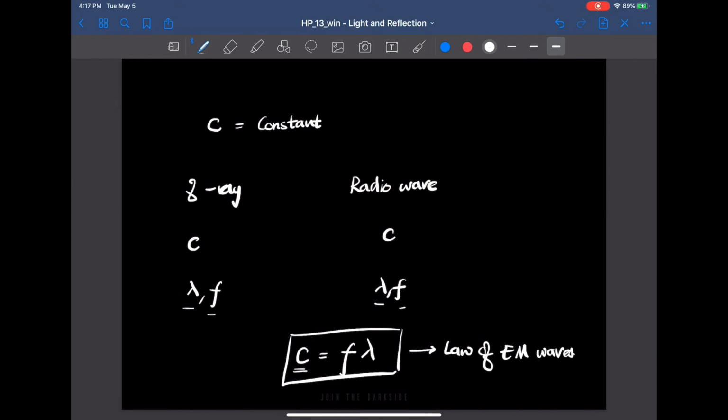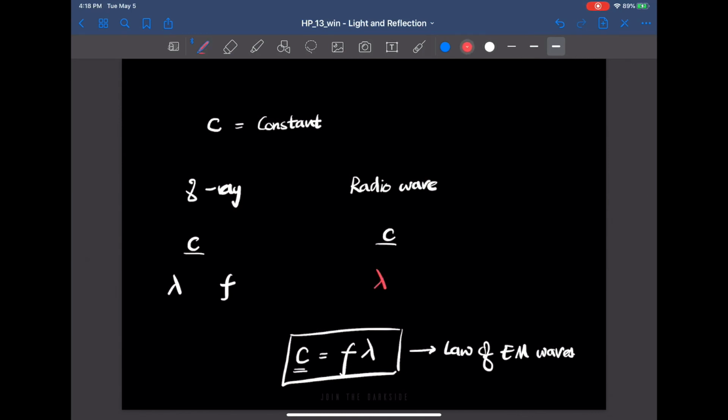Now, how can we say that this is exactly the value? The reason it's the same for both gamma and radio waves is because of the values for frequency and wavelength. Let me write it separately.